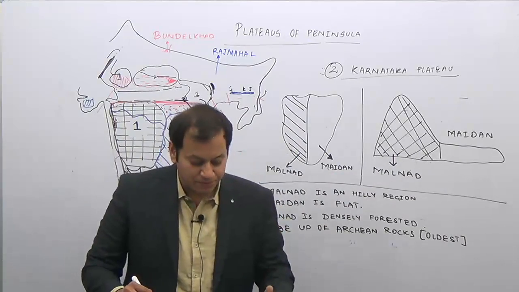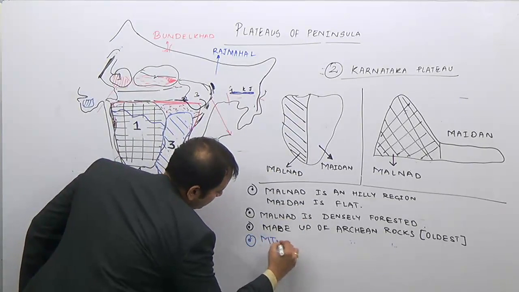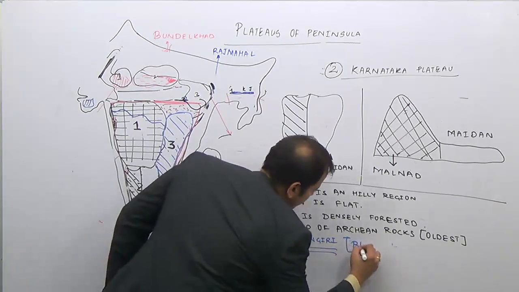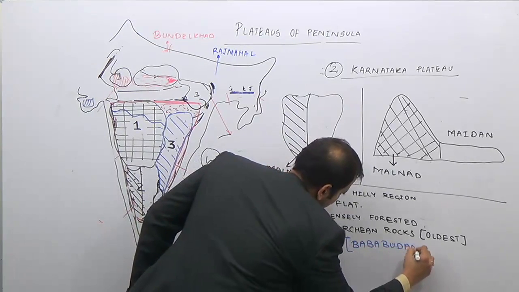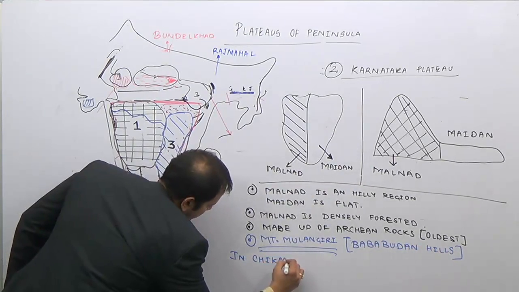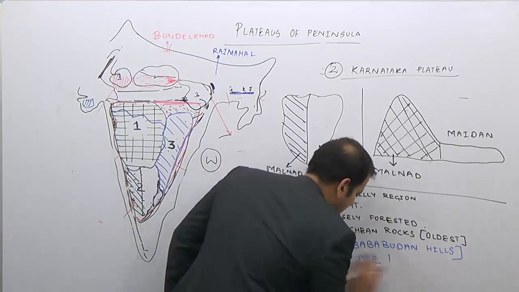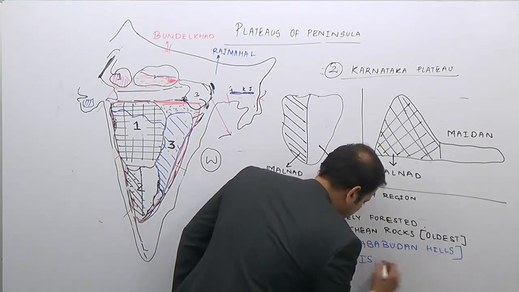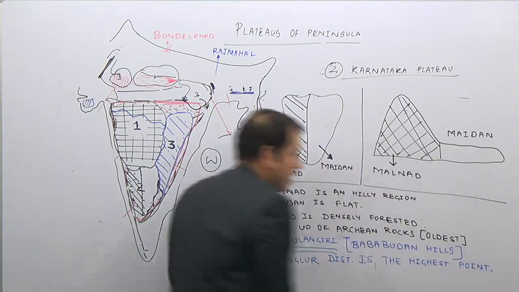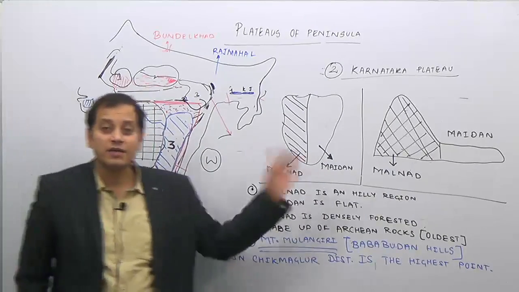In the Malnad region, Mount Mullayanagiri in the Baba Budan hills in the Chikmagalur district is the highest point of the Karnataka Plateau region.